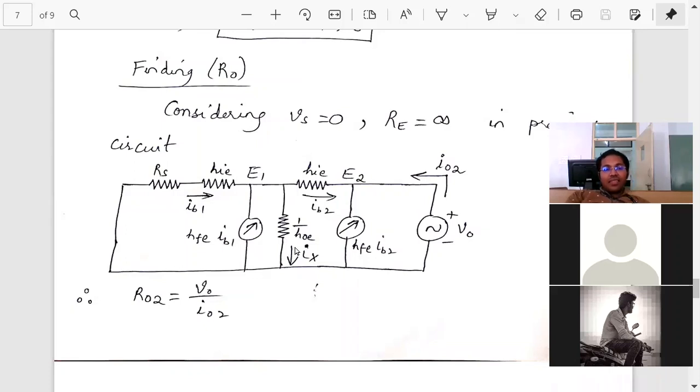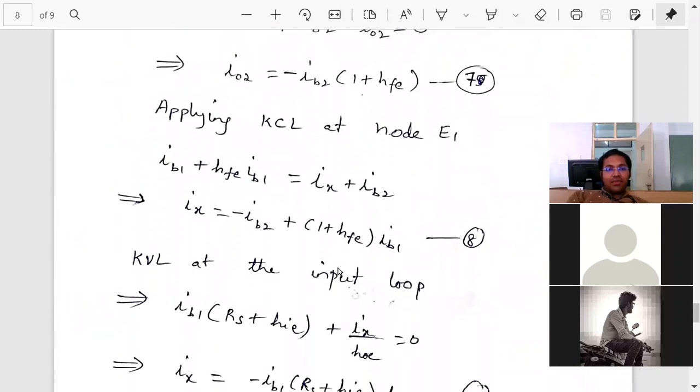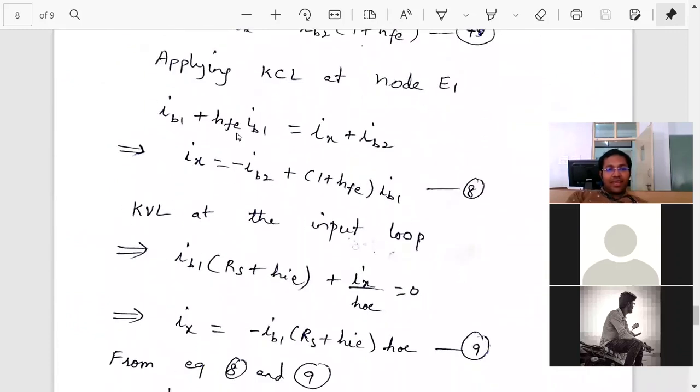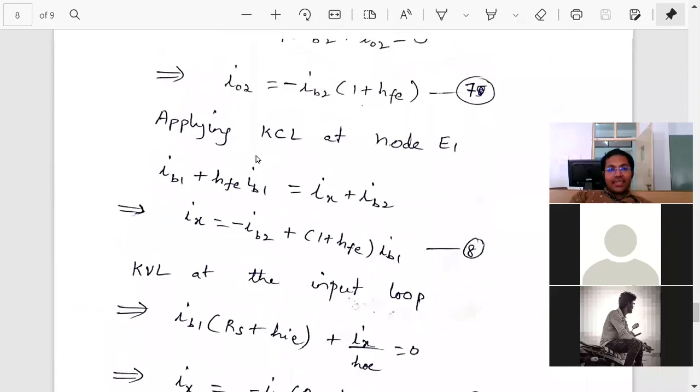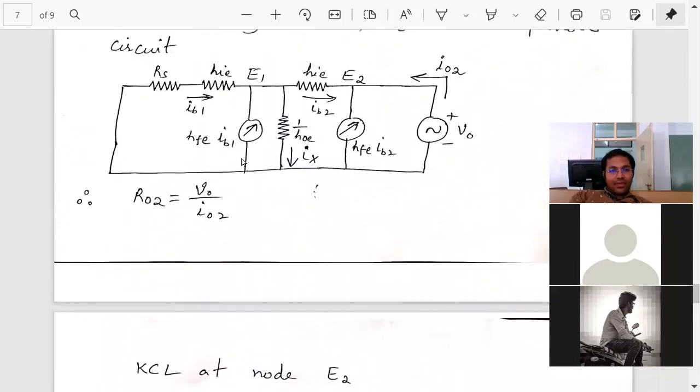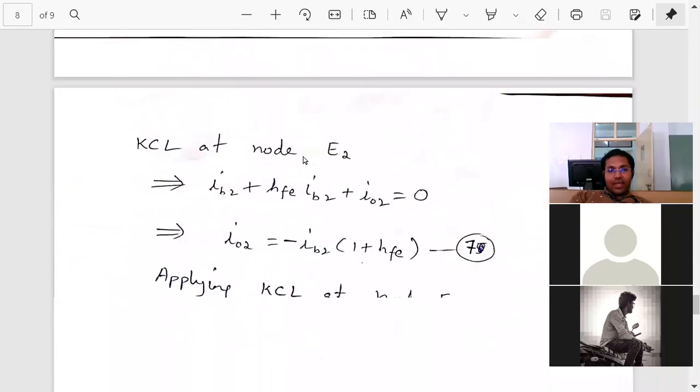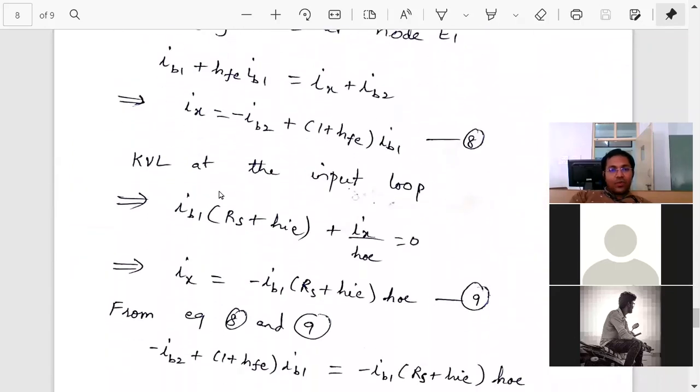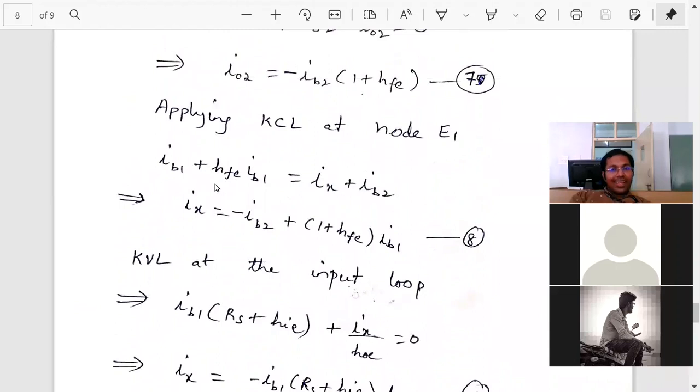So tell me what will be the equation? KCL: IB1 plus HFE IB1 equal to IB2 plus IX. Very good. IB1 plus HFE IB1 is equal to IX plus IB2. Now I said we want to eliminate this IX first. So whatever we have other than IX, let us send it to the other side.